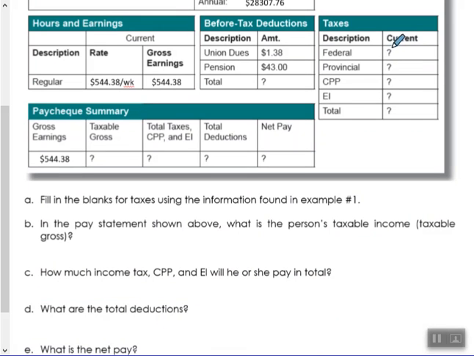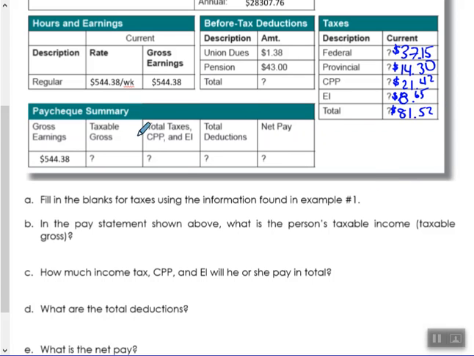Let's make these notes brief. So 37.15 was our federal tax from the last example, 14.30, 21.42, 8.65, for a total of 81.52.